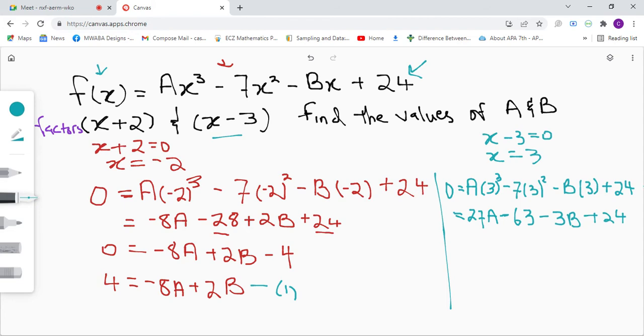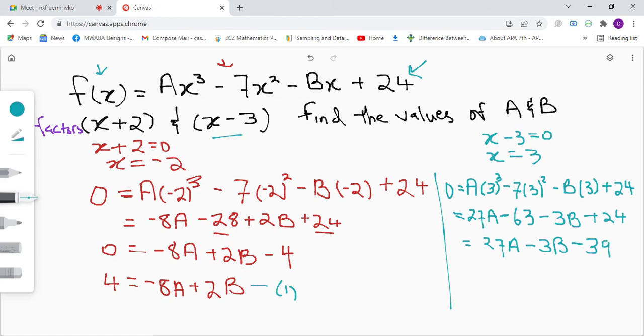So we have 27a minus 3b, and negative 63 plus 24 gives us negative 39, minus 39.